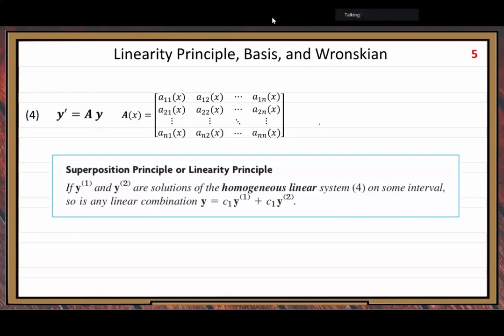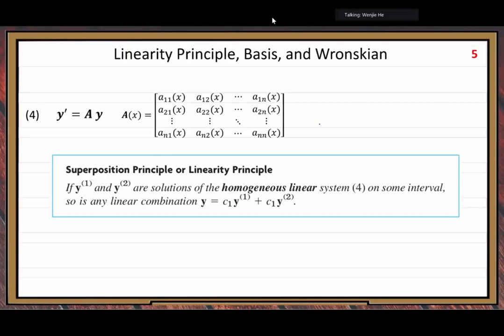This time we use the vector version of the solutions. So y1 vector, y2 vector, solutions of the homogeneous linear system of ODEs on some interval.